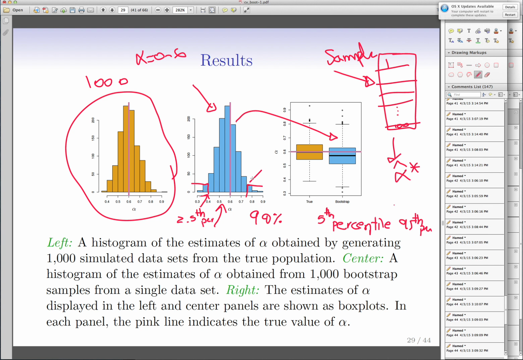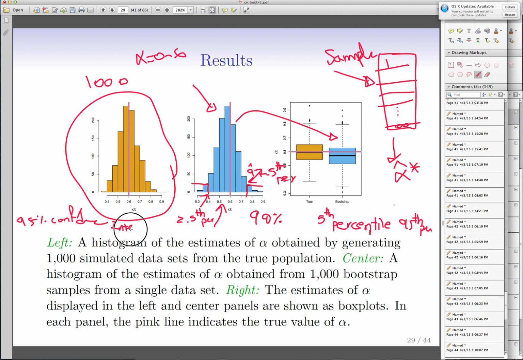And if we just stick to here, after that we have 25 observations. So we can say the 97.5 percentile is 0.75. So we can say our 95% confidence interval is between 0.4 and 0.75.